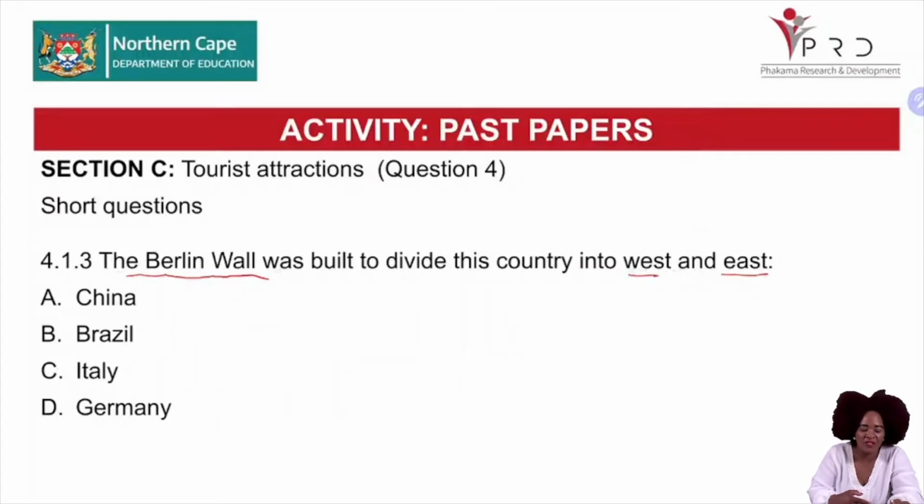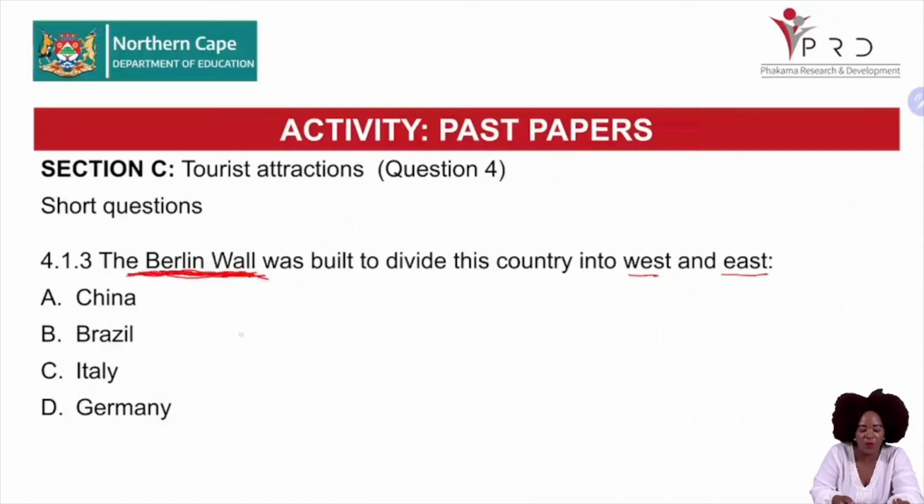So which of these countries is actually divided into West and East? Since the Berlin Wall was used to divide this country, what is the name of the country? Choose, grade 12 learners. I want to believe that already you have chosen the correct answer.